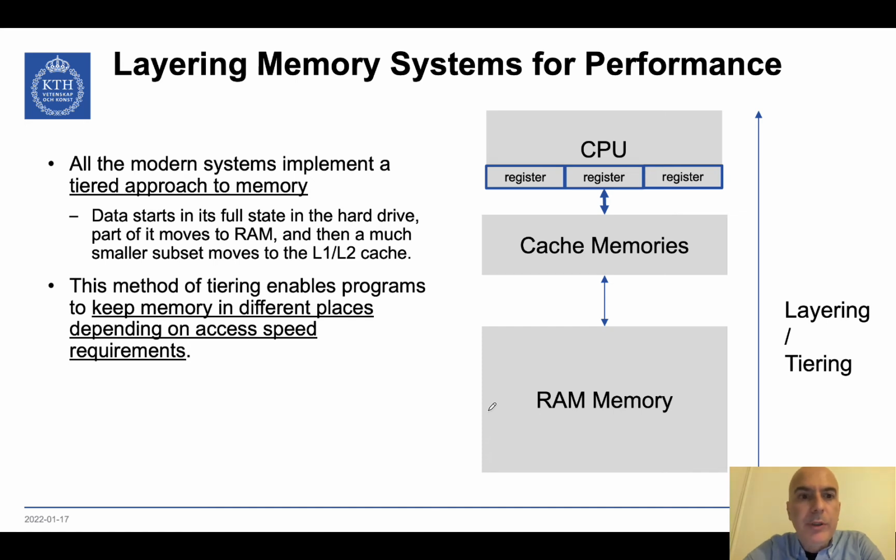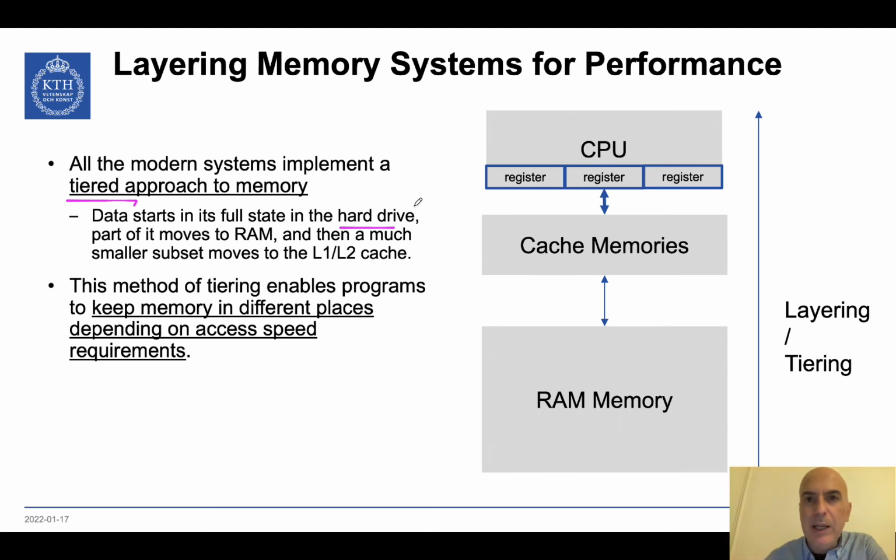All modern systems implement a tiered approach to memory, where tiered means that we have multiple levels. In general, data starts in full in the hard drive, and then part of it moves to the RAM, and then a much smaller subset of this data moves to L1, L2. Whenever it needs to be used by the processor, it's moved to the register.